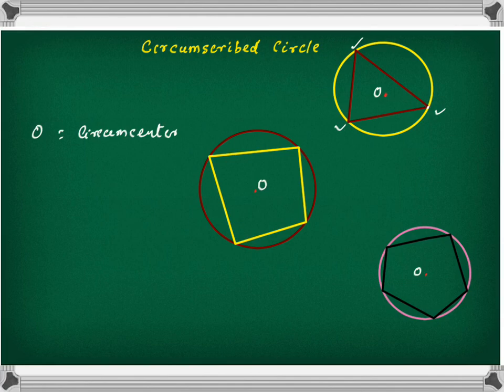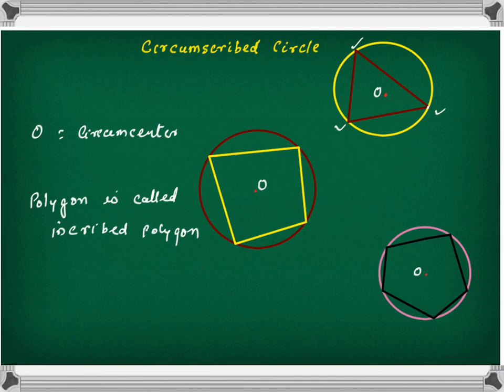Okay, so that is called the circumscribed circle, and the polygon is called the inscribed polygon.